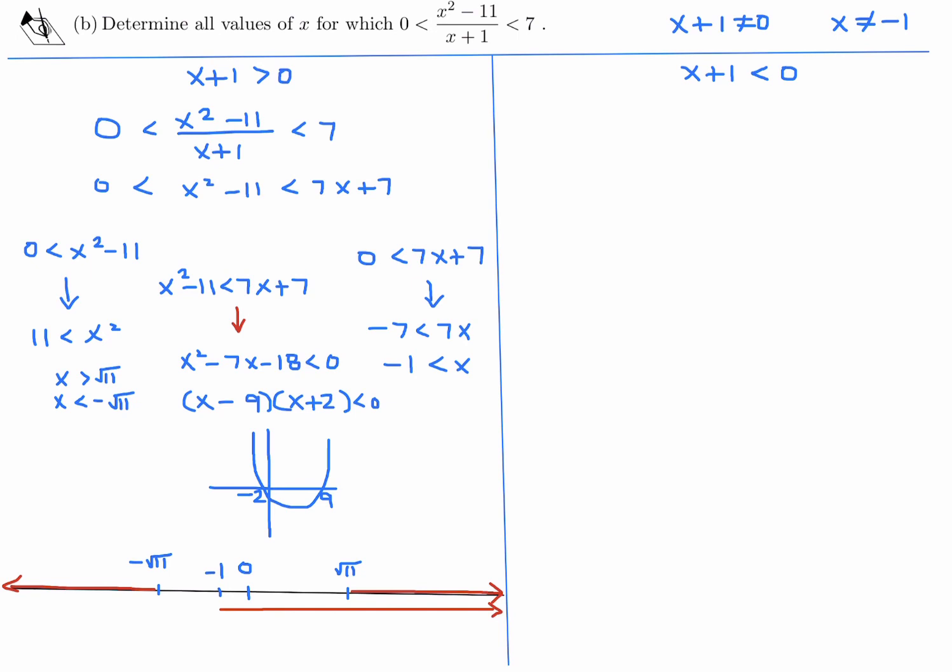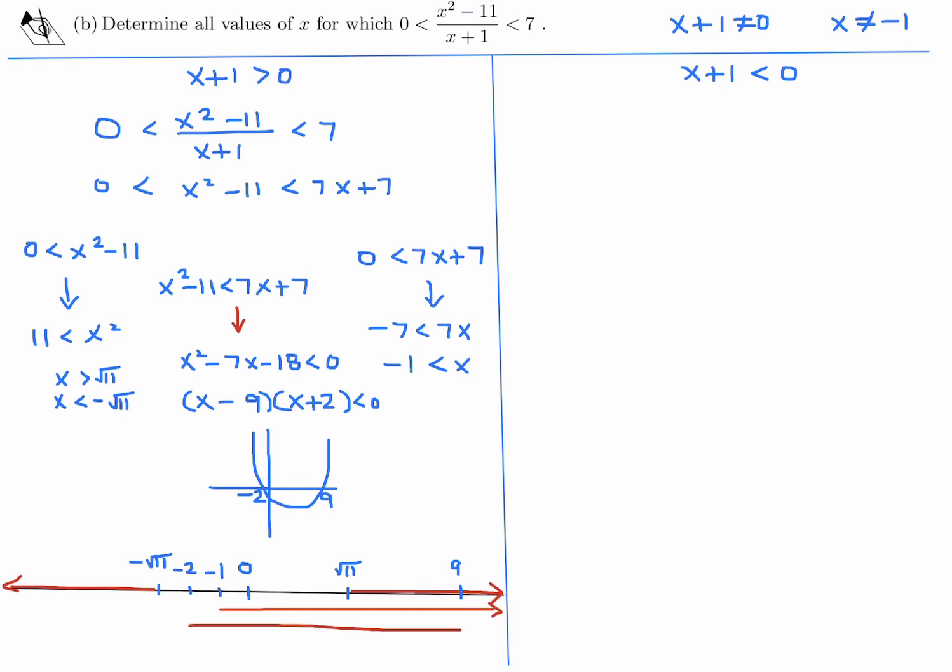So that means we want the values of x when the graph is below the x-axis, right? So that obviously means it's between negative 2 and 9. Here's negative 2 approximately, and 9 is somewhere out here. So that range will be from negative 2 to 9.